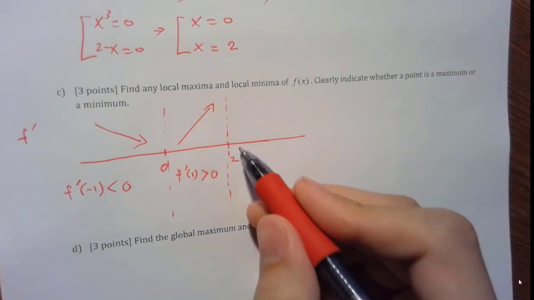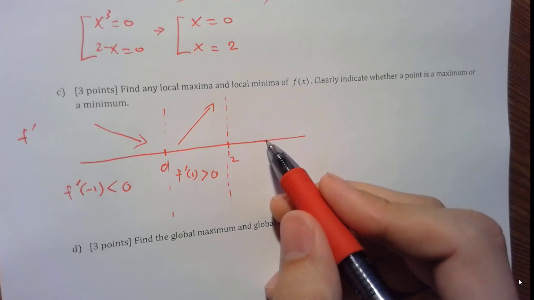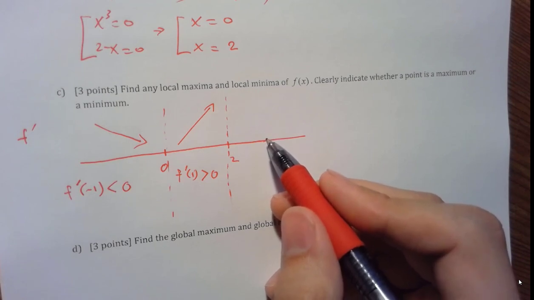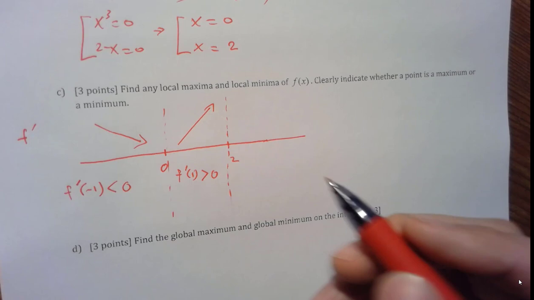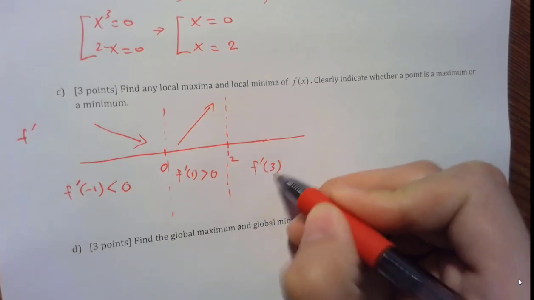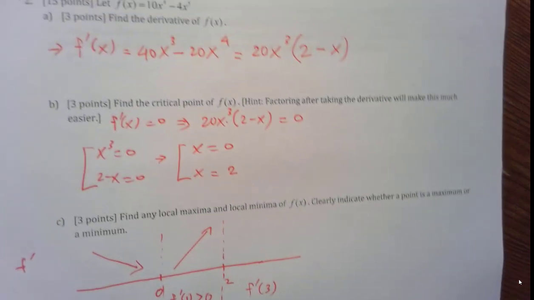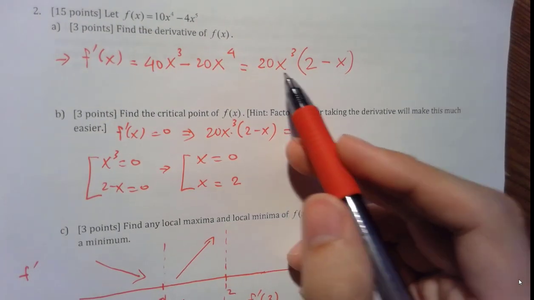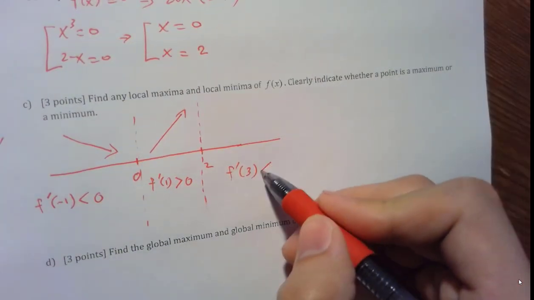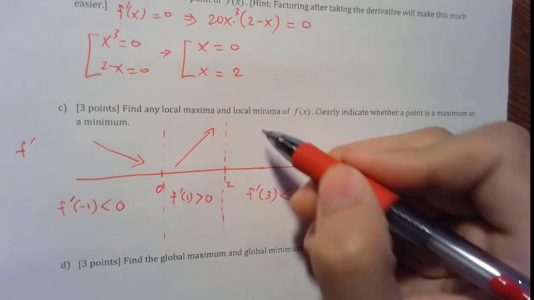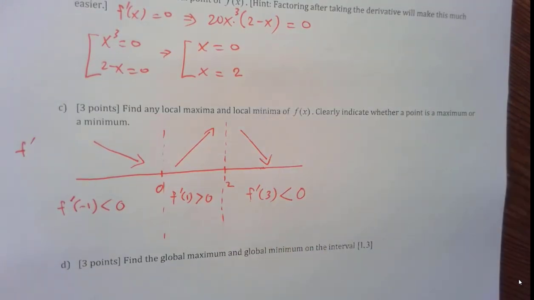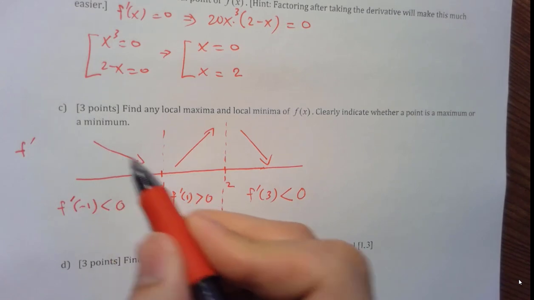And then for a point to the right of 2, let's pick f prime of 3. If I plug in 3, I should get something less than 0, or decreasing. So you can see decreasing, increasing.